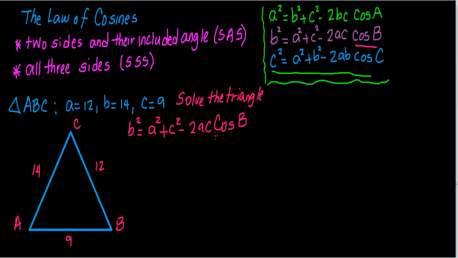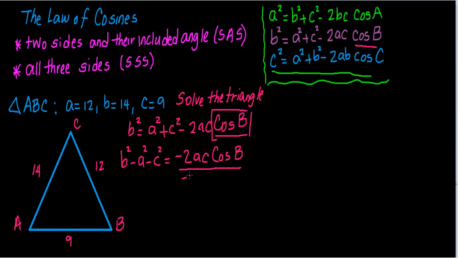Now we want to isolate cosine of B. To do that, we're going to subtract A squared and C squared from both sides of the equation, and that gives us B squared minus A squared minus C squared equals negative 2AC cosine of B. We're still not done isolating cosine of B. I have to get rid of negative 2AC that's in front of cosine, and to do that, we divide both sides by negative 2AC.